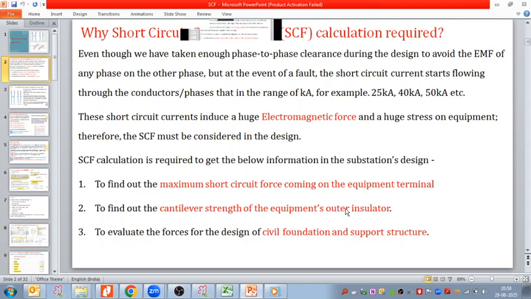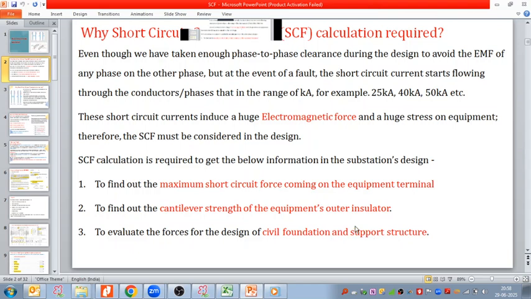Third, and most important, to evaluate the forces for the design of civil foundations and the support structure, mostly the civil support structure.